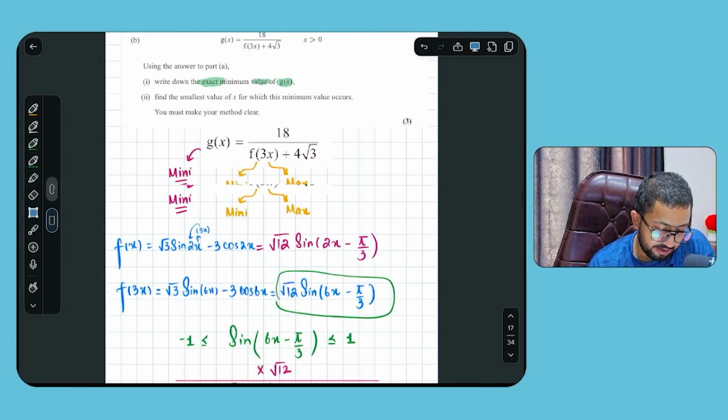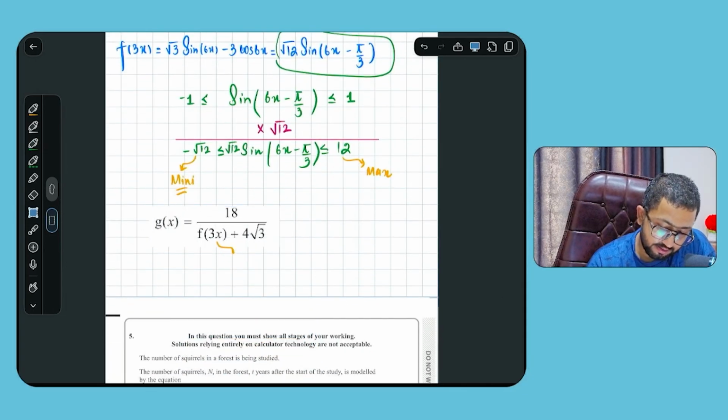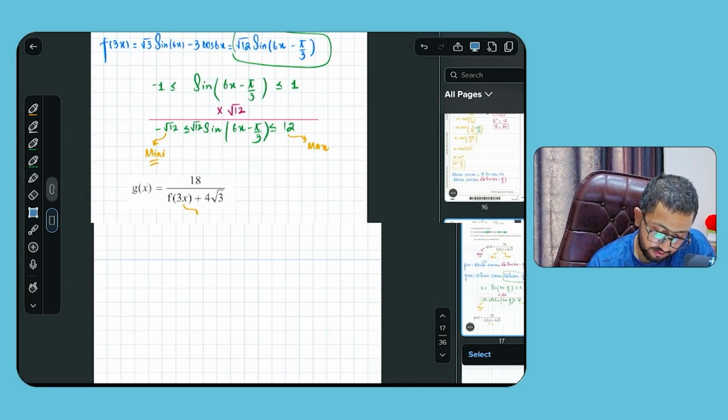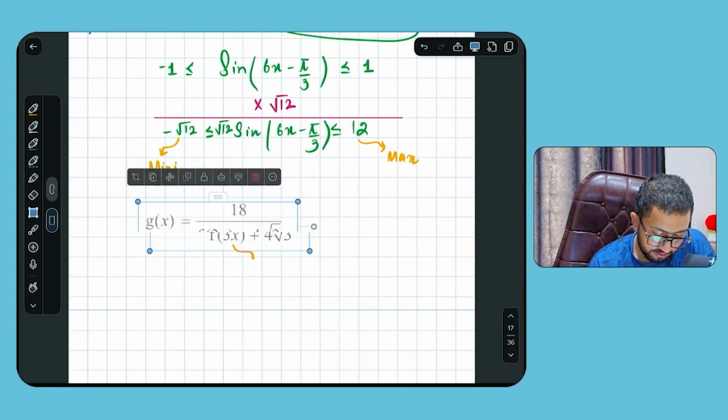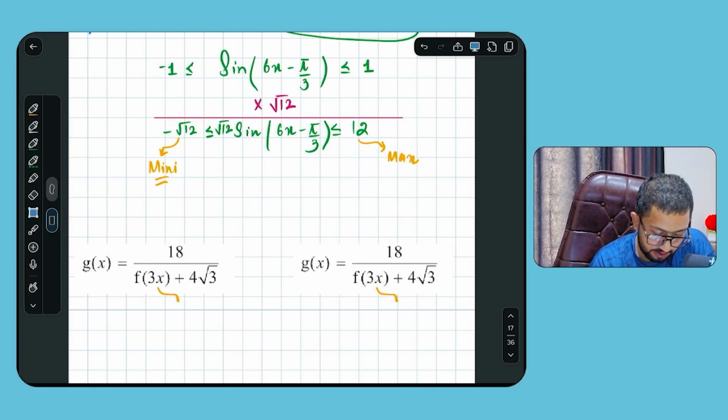Just put the minimum and maximum value in this function. You will get the minimum value of g of x. So put the maximum value and put the minimum value.